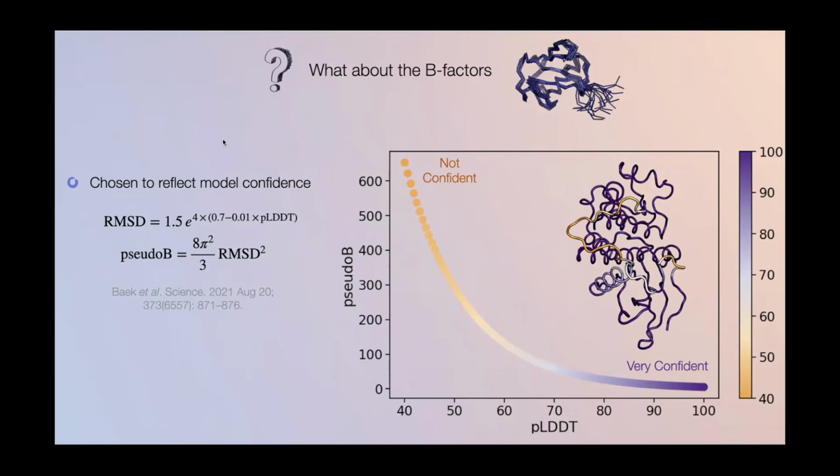So we have this pseudo B-factor that reflects pLDDT. If the model is very confident, we have a low B-factor, and as the confidence decreases, this pseudo B-factor explodes. So at the end of running Rocket, we automatically concatenate a Phoenix refine step that fixes the B-factors.